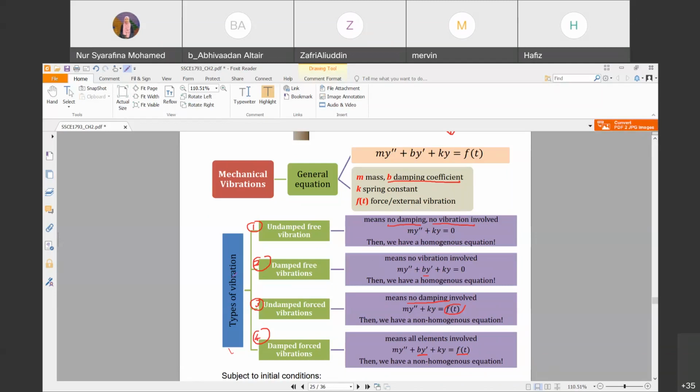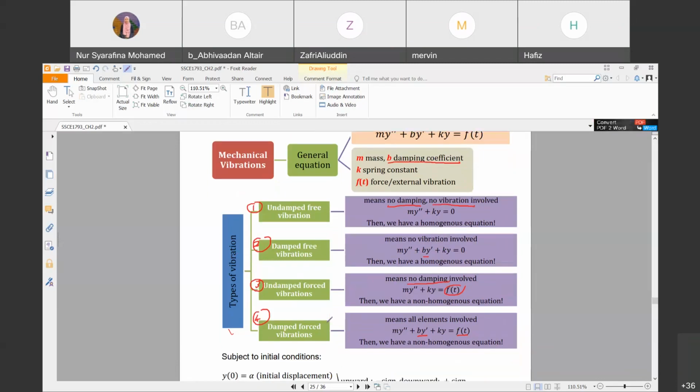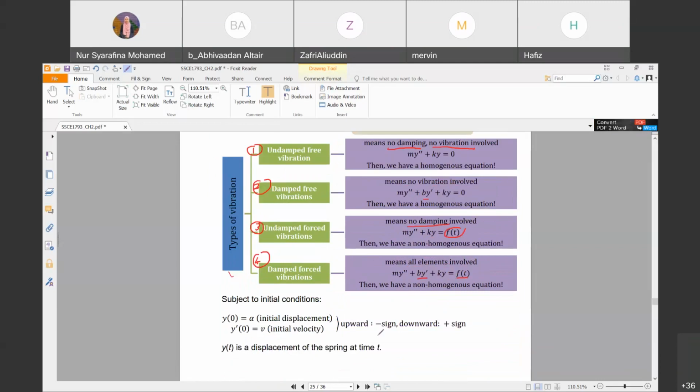After that, you identify the types of roots involved: real and distinct, real and equal, or complex, and what the solution should be. So those are applied here. What you have learned previously is applied here. So you want to solve this kind of mechanical vibration, subject to the condition given.